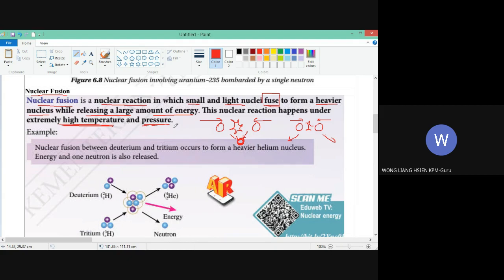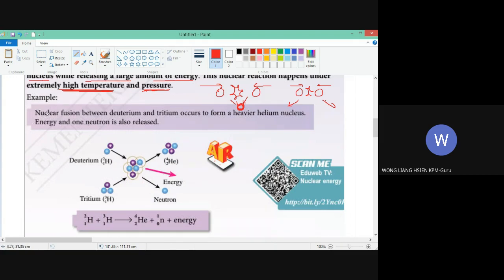Okay, so let's look at the example for nuclear fusion. Nuclear fusion between deuterium and tritium occurs to form a heavier helium nucleus. Energy and one neutron are released. You see this deuterium and tritium are both hydrogen isotopes. Deuterium is hydrogen-2, and tritium is hydrogen-3.